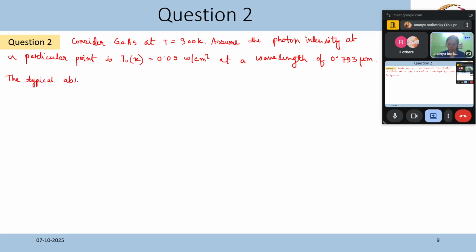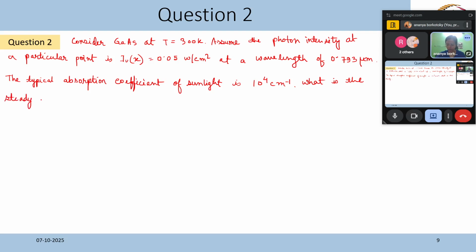The typical absorption coefficient of sunlight is 10 to the power 4 centimeter inverse, say around this wavelength. What is the steady state excess carrier concentration?